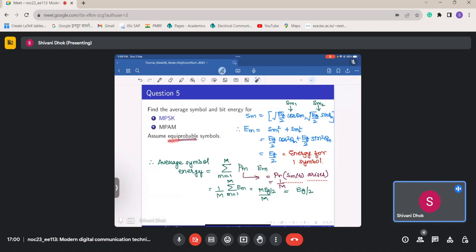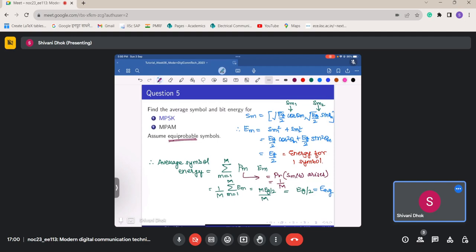And we have considered all the symbols to be equiprobable, and that's why this probability will be 1 by M, and therefore this reduces to 1 by M summation m equal to 1 to capital M Em, and Em is Eg by 2 for all. If I add Eg by 2 M number of times, it will be M Eg by 2 upon M. Therefore the average symbol energy is Eg by 2, and let me give it some symbol, let's say E average.